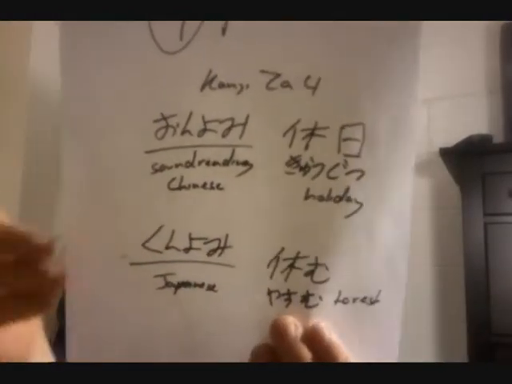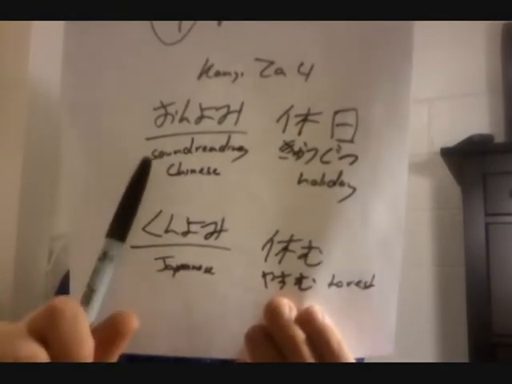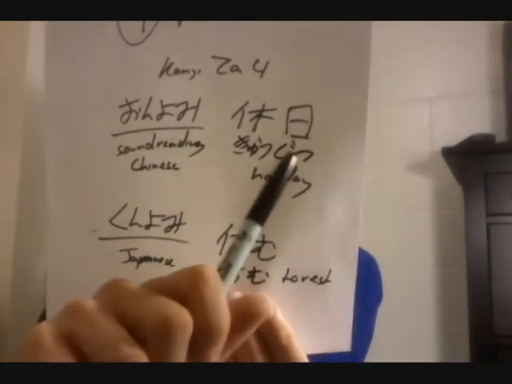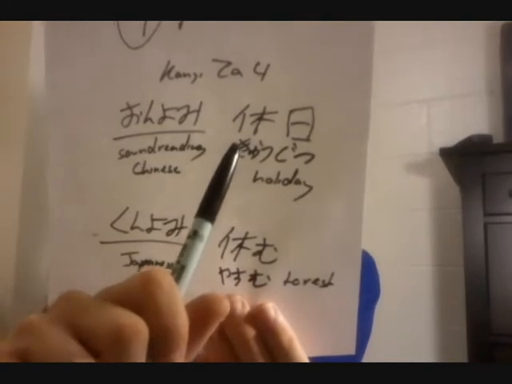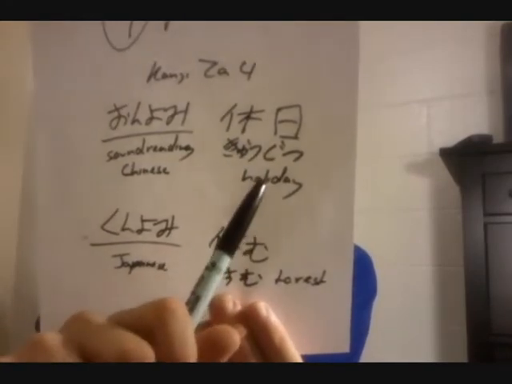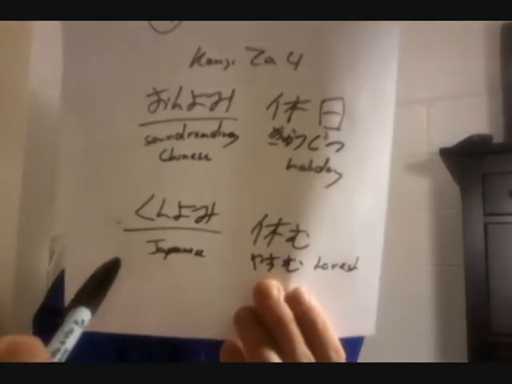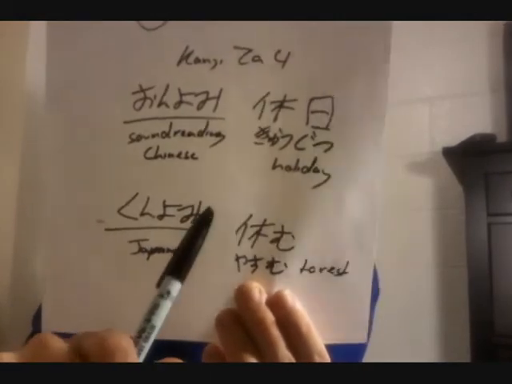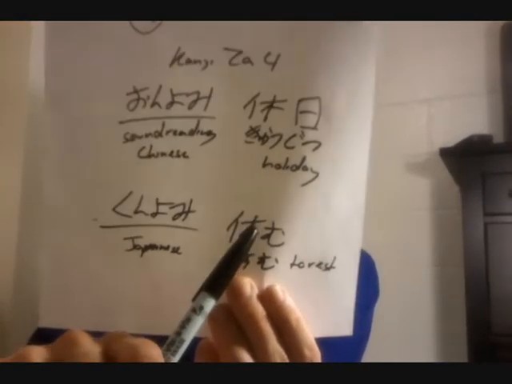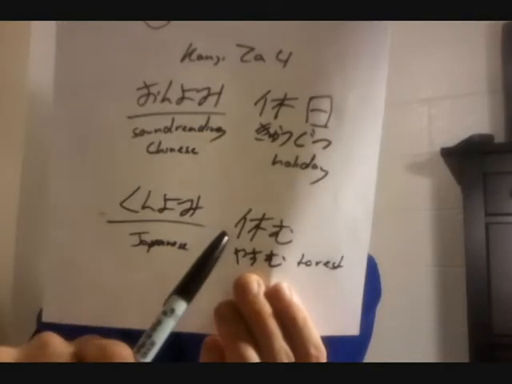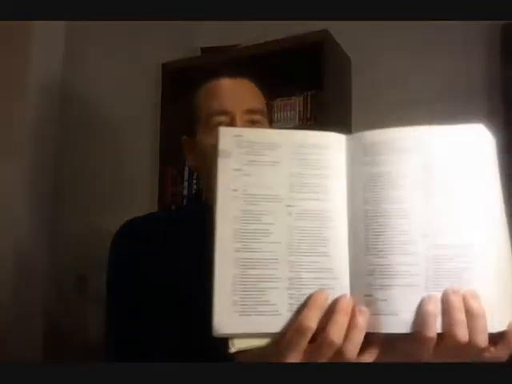Okay. So once again, we have onyomi, sound reading, Chinese. It's when two or more kanji are together. This one means holiday, kyujitsu. Kunyomi is purely Japanese. It's when you see a kanji next to some hiragana. Yasumu, to rest. So that'll help you understand why there are so many readings when you look a kanji up in the dictionary.